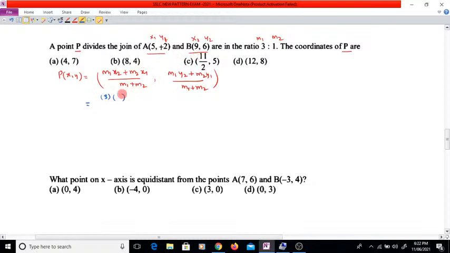What is the value of x2? x2 is 9, plus m2 is 1 into x1 is 5, divided by m1 plus m2, that is 3 plus 1.